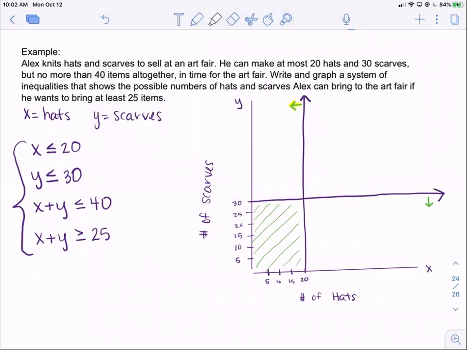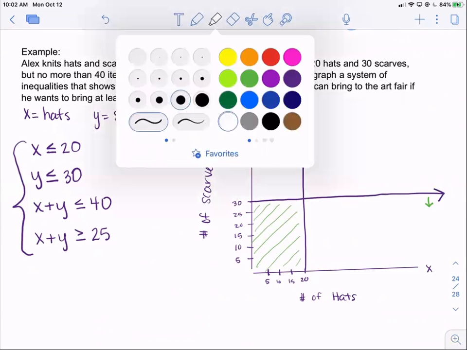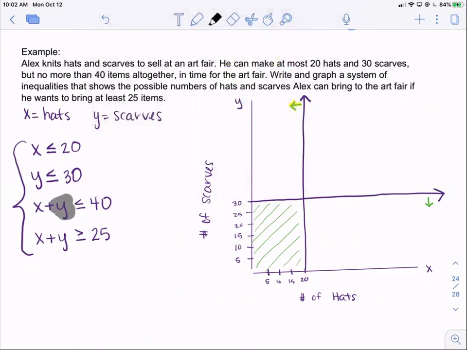If I cover up the y, we're left with x equals 40, right? Do you agree? Okay. So at our x-axis, we're going to put a point at 40.